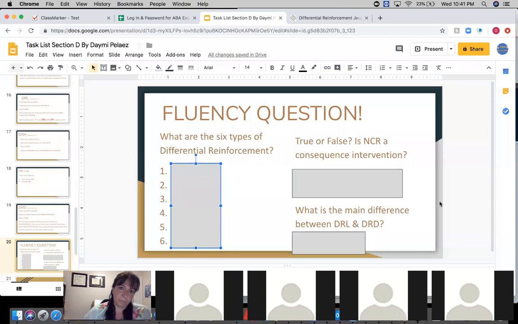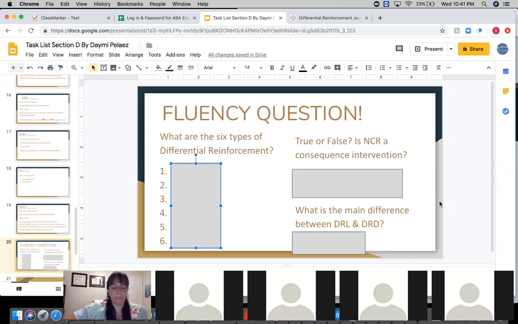I think somewhere in Cooper it talks about how for DRLs and DRHs, you're not using dangerous behaviors. Like if it was a self-injurious behavior, you're not going to use a DRL. You're going to use some other procedure. So that's why they don't talk about DRD. Yeah, differential reinforcement we're not supposed to use at all for anything that's dangerous, safety concerns, or anything like that.